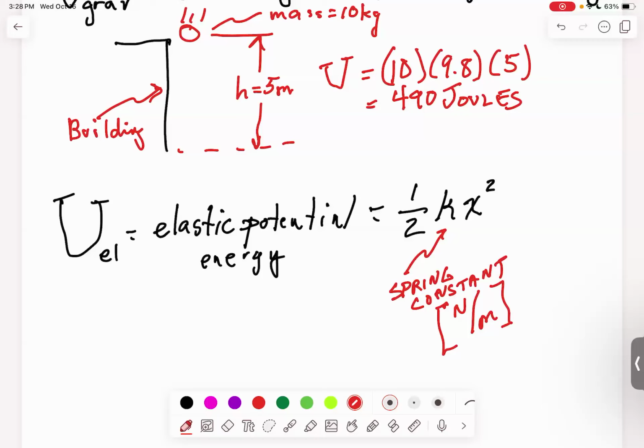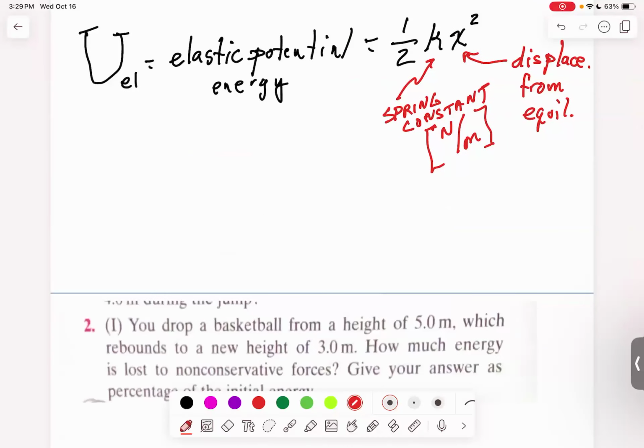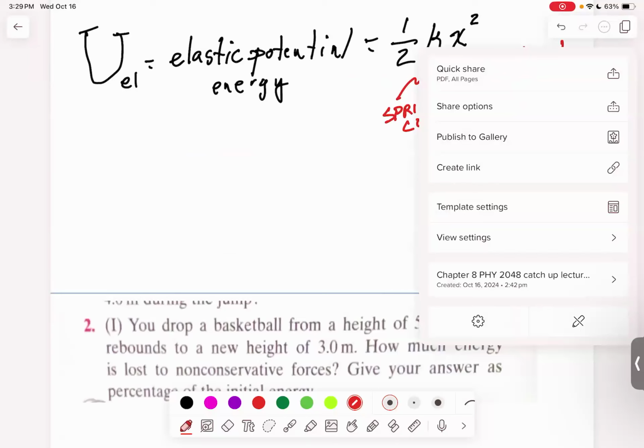And so, again, we're going to look at several types of potential energies. Oh, and for this one, X is just the displacement from equilibrium. So let's talk about that. Let me add a page here before we get into one of these problems.